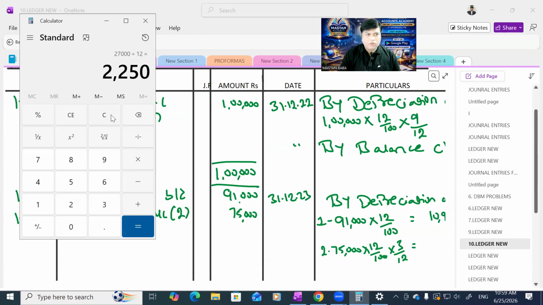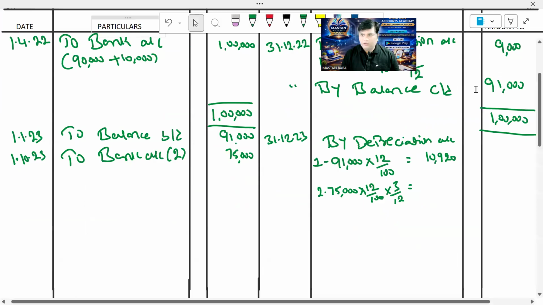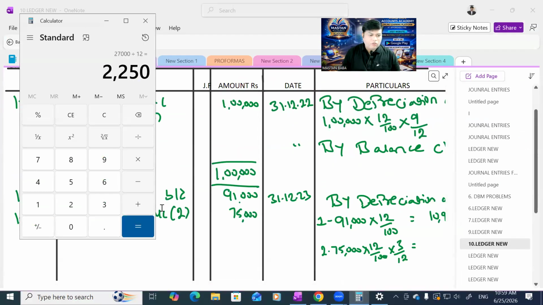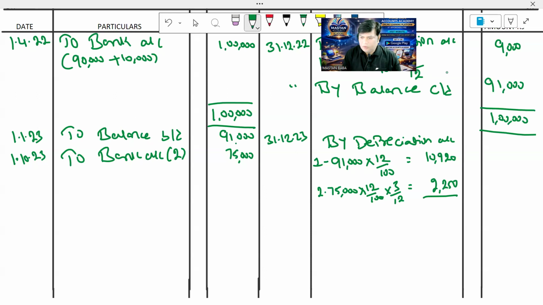You'll get 2,250. So the first one is 10,920, and the next one is 2,250. Make the totals of these two, 10,920 and 2,250 together, which comes to 13,170.